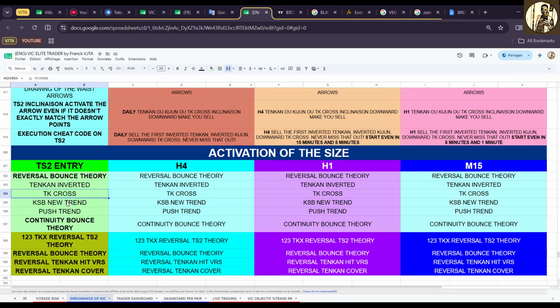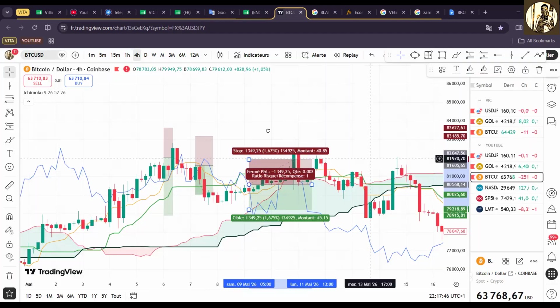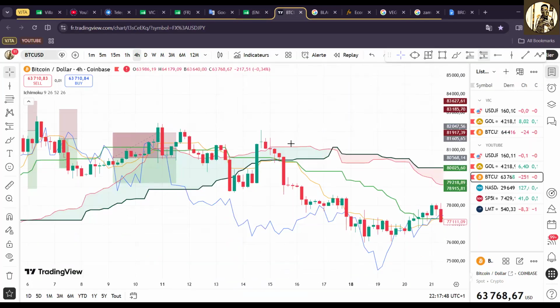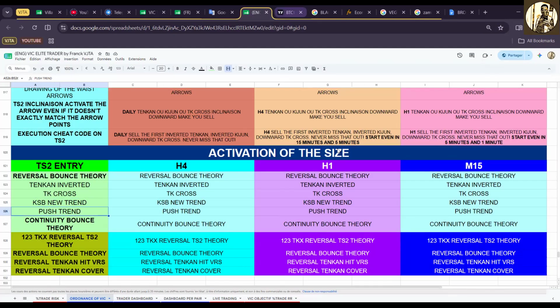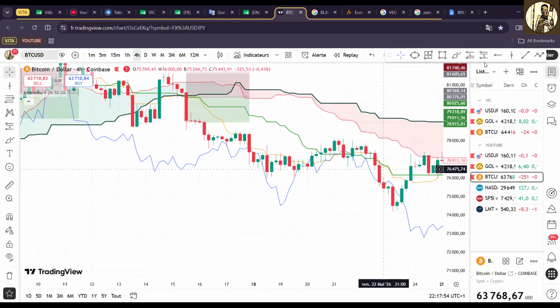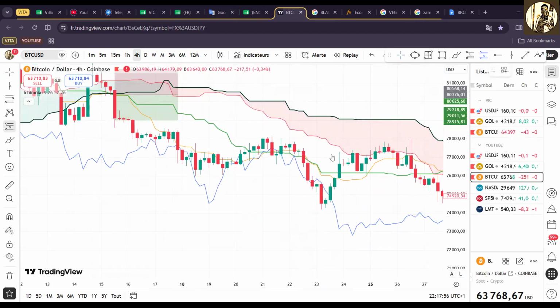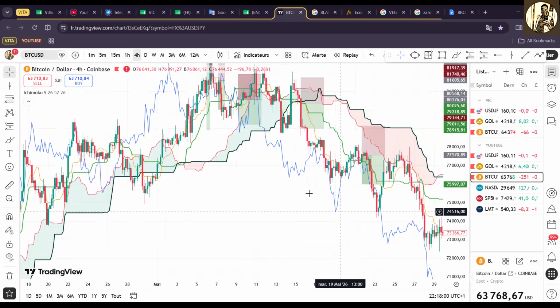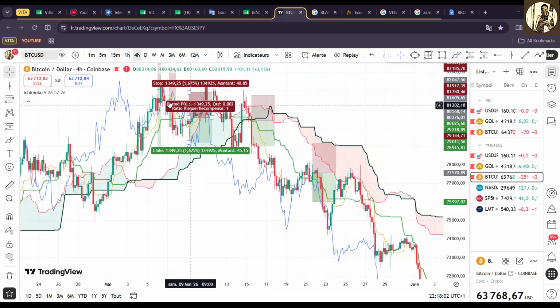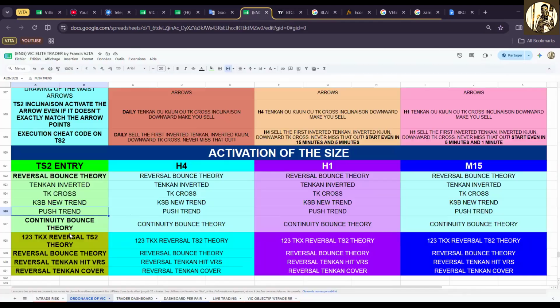To activate the node, you also have the new KSB new trend, like when Kijun goes below SSB this way. You also have the push trend, like this push trend. So that's just for the continuity from the beginning of the downtrend. That's where you can start placing your position.